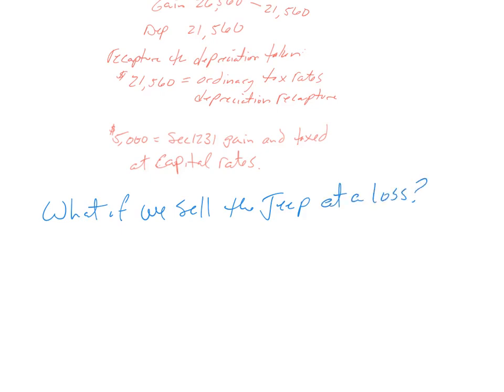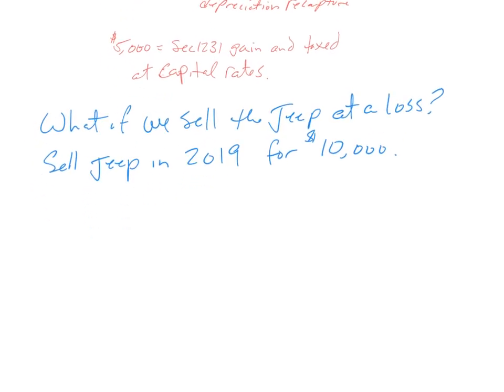All right, so say we sell the Jeep in 2019 for $10,000. Can't imagine why we do that, but let's say we do. We sell the Jeep in 2019 for $10,000.